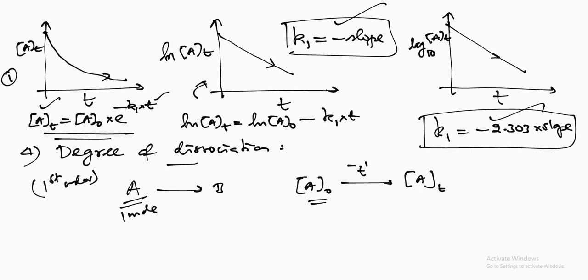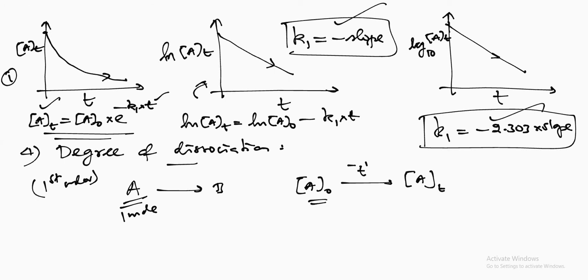Is this clear, Ashika? Good. Actually the rate constant expressions are one and the same, but for plotting different quantities we are making some change in the rate constant expression, that's all.